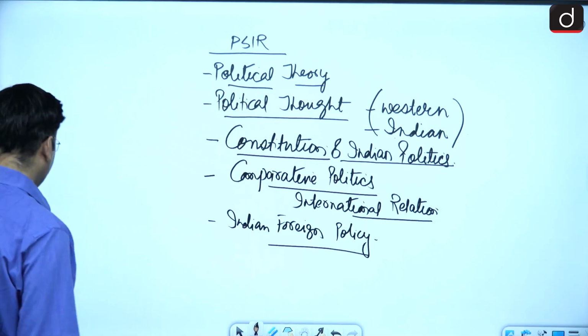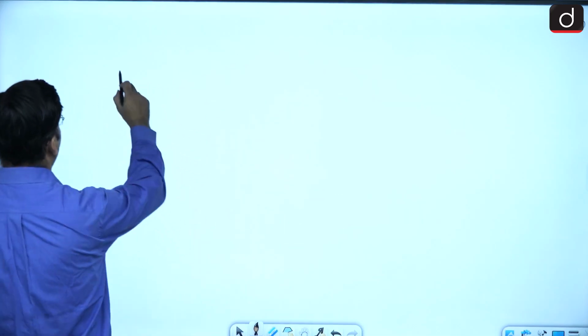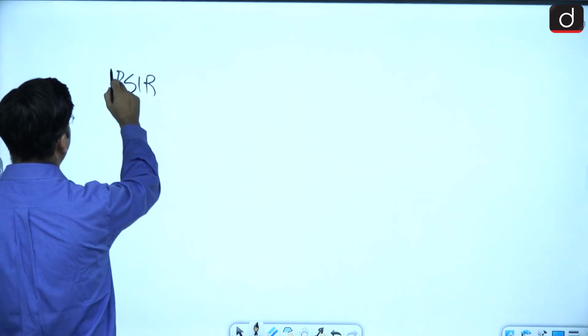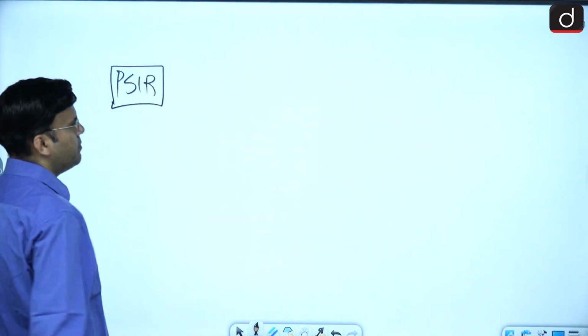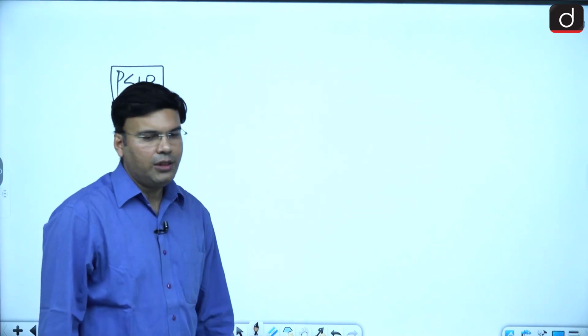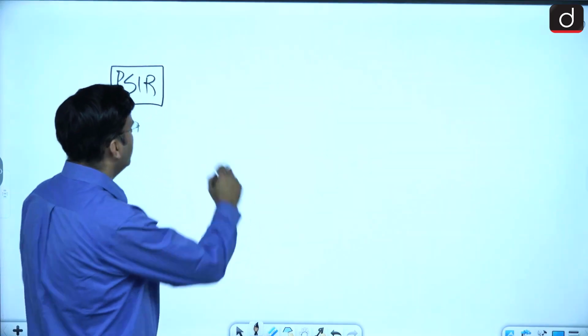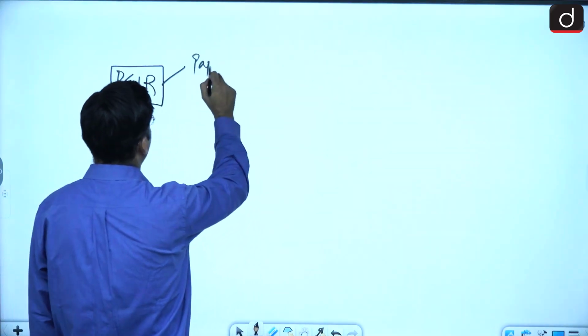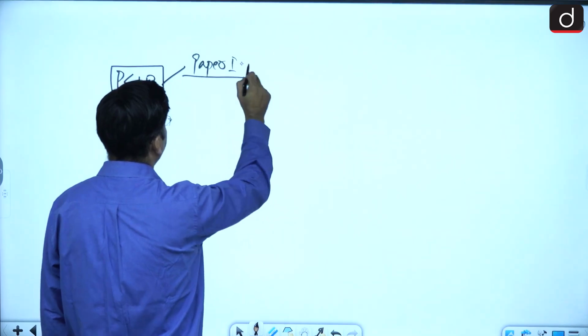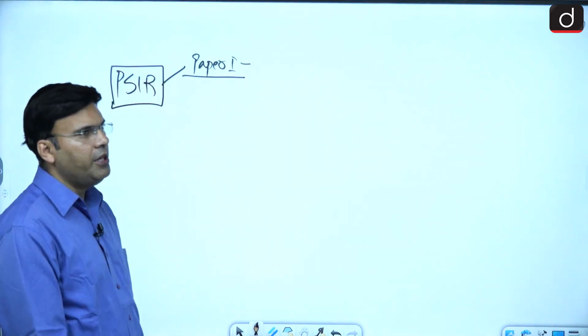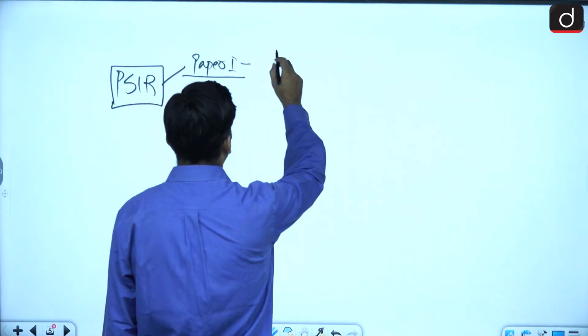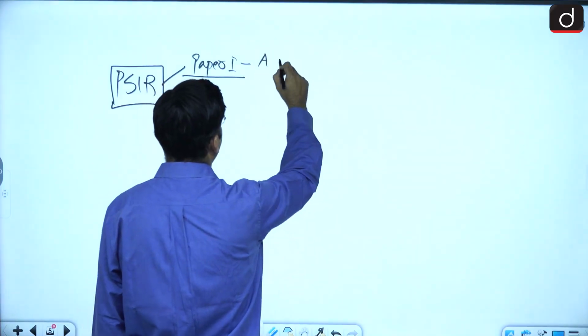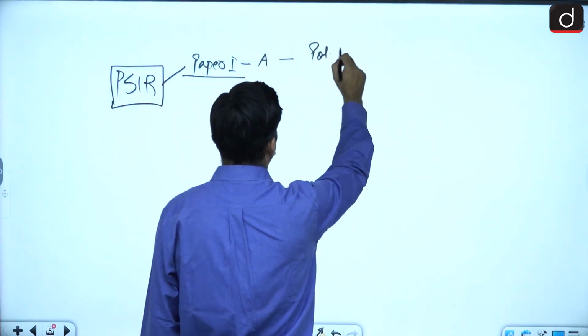If I just look at the syllabus, I can divide the PSIR into two papers. In all these papers, for example paper 1, what sections would paper 1 constitute for me in terms of my study? So paper 1 will have a part A, and part A will have political theory.